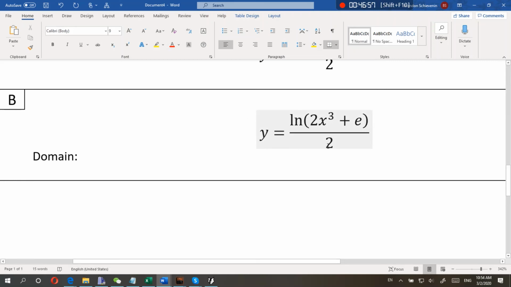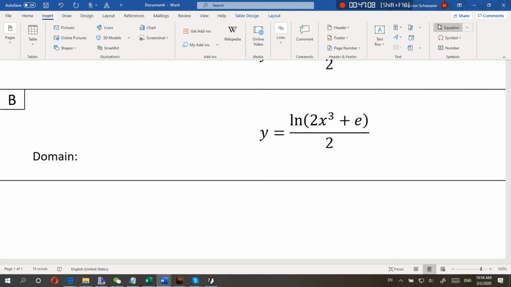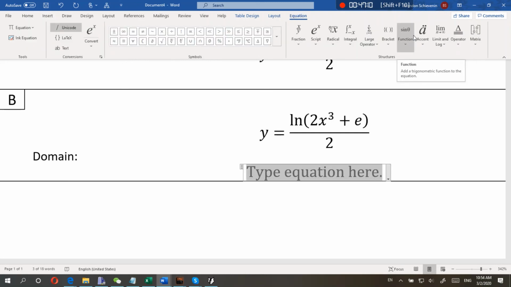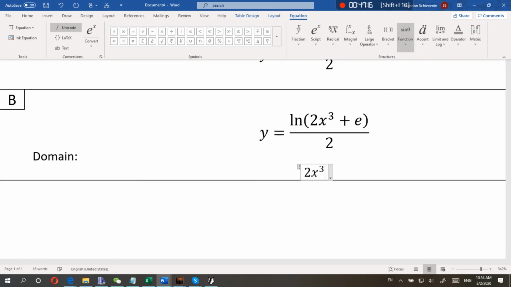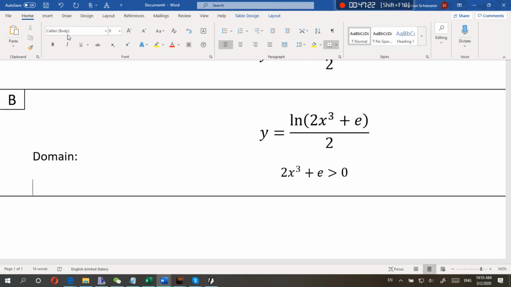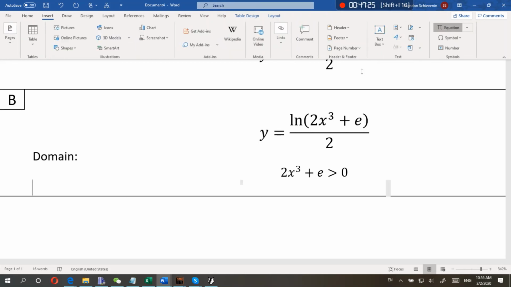Can I take a natural log of a negative number? No. Can I take a natural log of 0? No. So then the part that's inside the natural log, 2x cubed plus e, must be greater than 0. And we can solve that to figure out what our domain has to be.